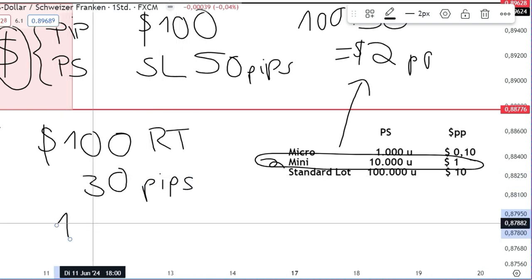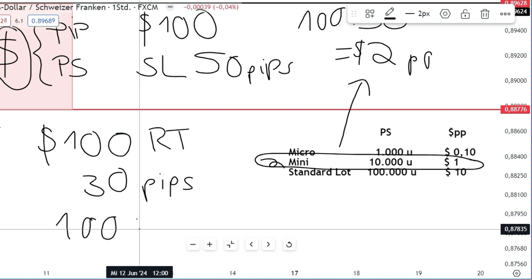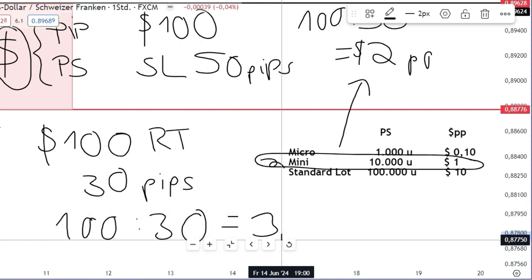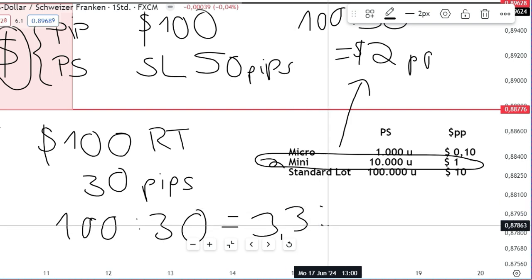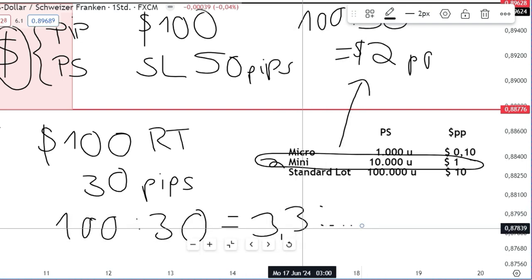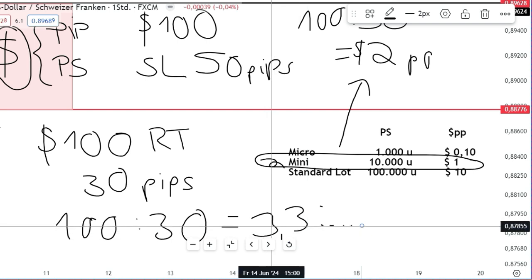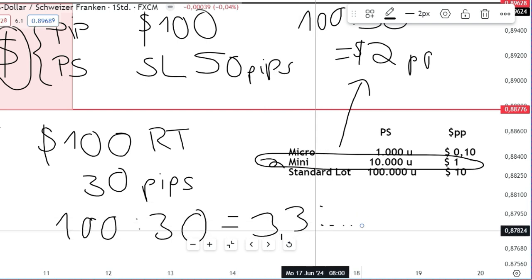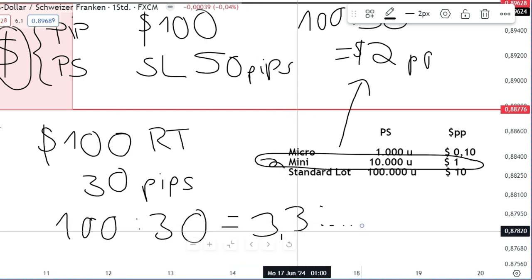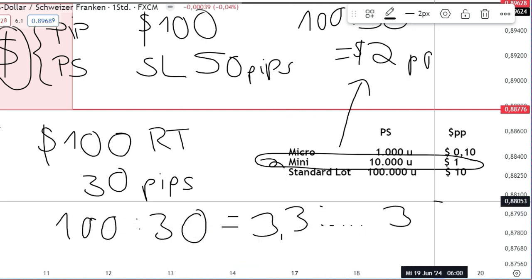So we calculate again 100 divided by 30, and this equals 3.3. But in this case, we will just round it down. If you have, for example, 3.8, you can of course round it up. But in this case, I would round it down. And then we have $3 per pip.